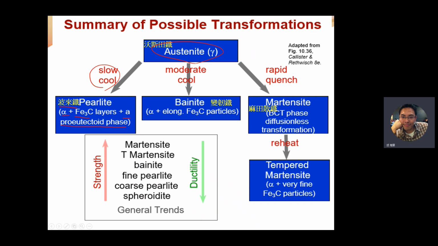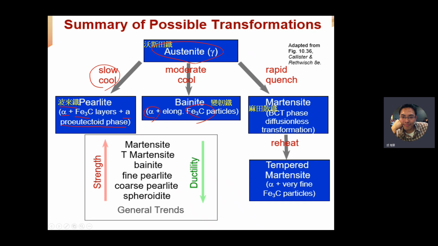For a moderate cooling rate, the bainite phase will form. What is the bainite phase? It's alpha ferrite and cementite particles.